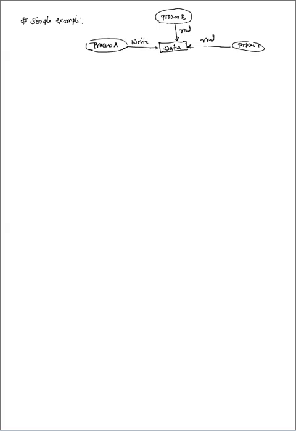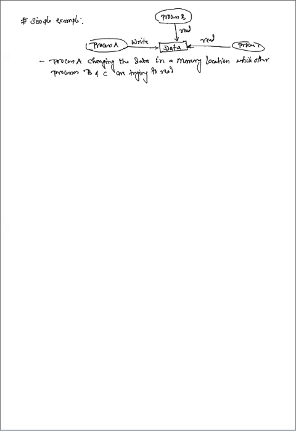So if process A is writing, changing the data in a memory location, while the other processes B and C are trying to read data from the same memory location, okay.